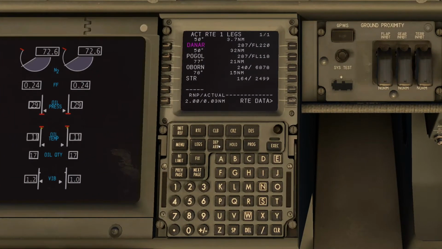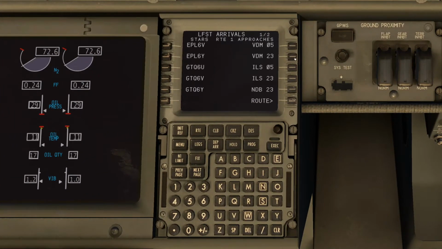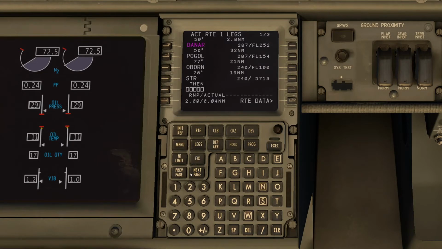Let's go for the arrival page. ILS 23. Next page, Strasbourg. Then, so we need to fly away.